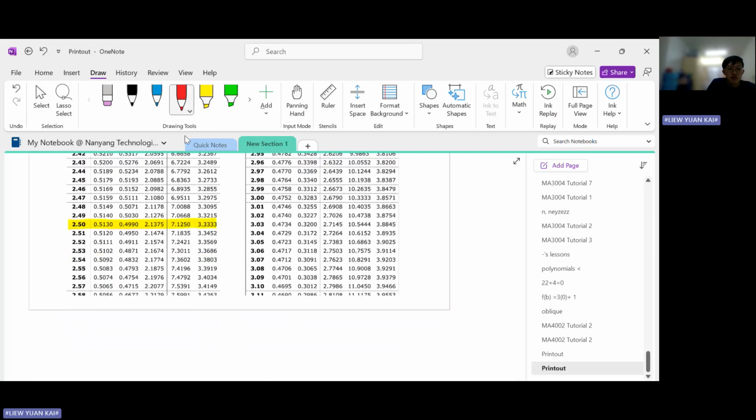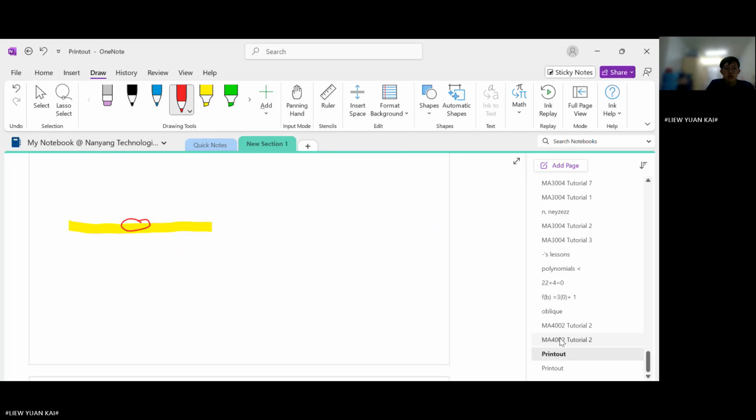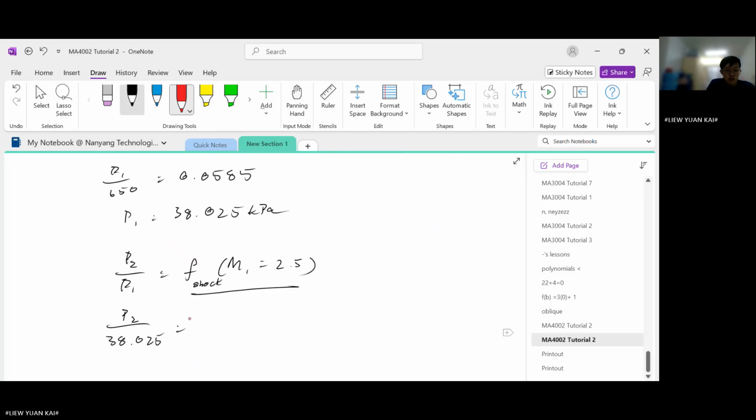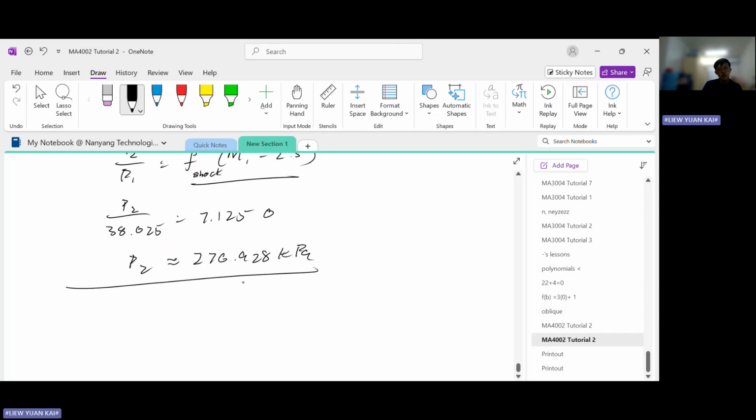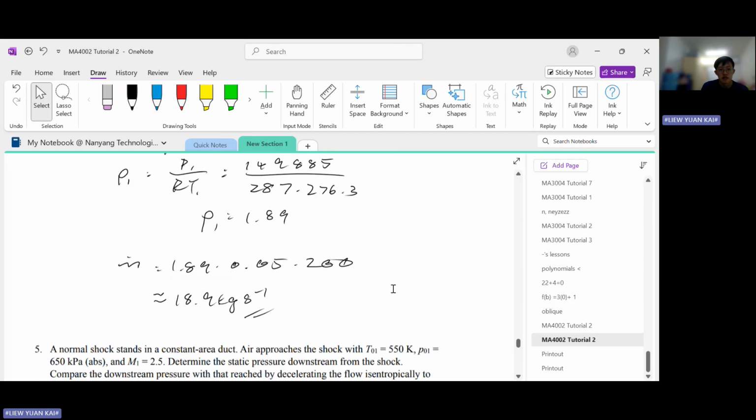So 7.1250, this one. So you'll find that P2 is equal to 270.928 kilopascals.